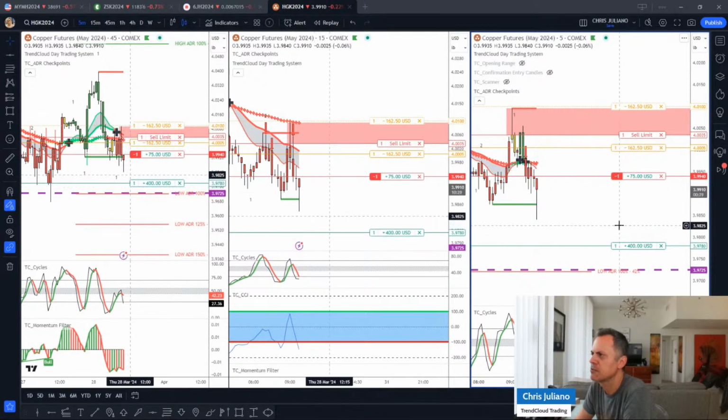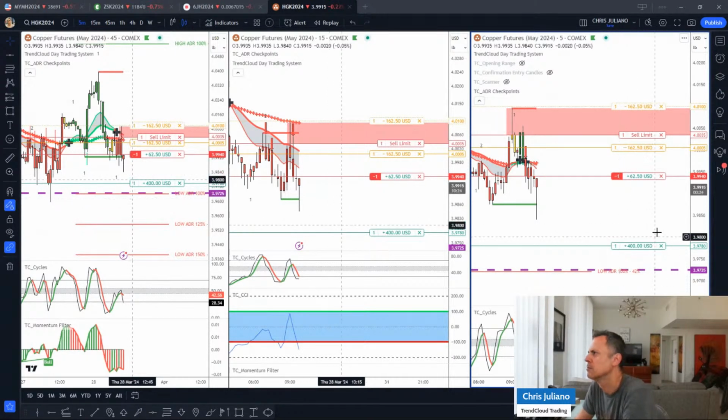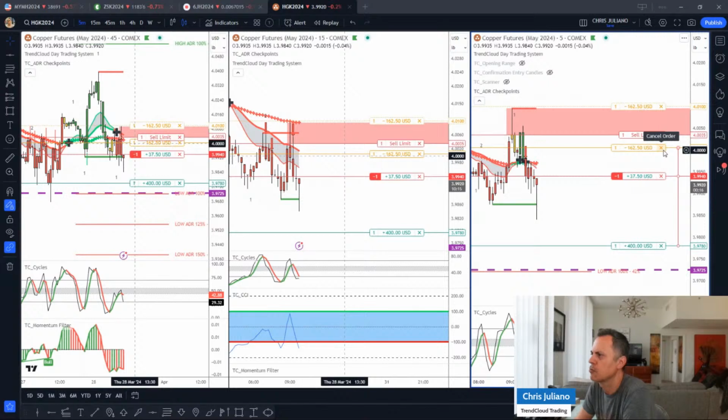Well, we've got ourselves a nice little situation. And then maybe we want to take that shorter target. It's all about base hits, right, guys? All about base hits.